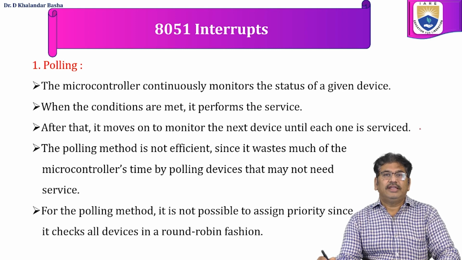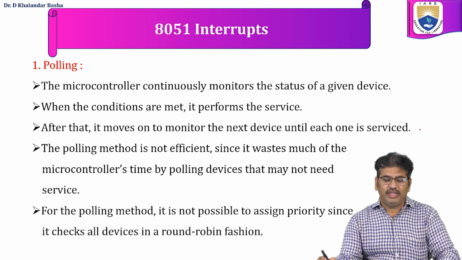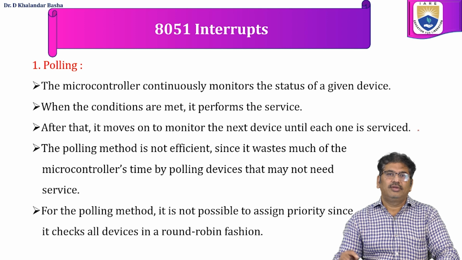The polling method is not efficient since it wastes much of the microcontroller's time by polling devices that may not need service. For the polling method, it is not possible to assign priority since it checks all the devices in a round-robin fashion.